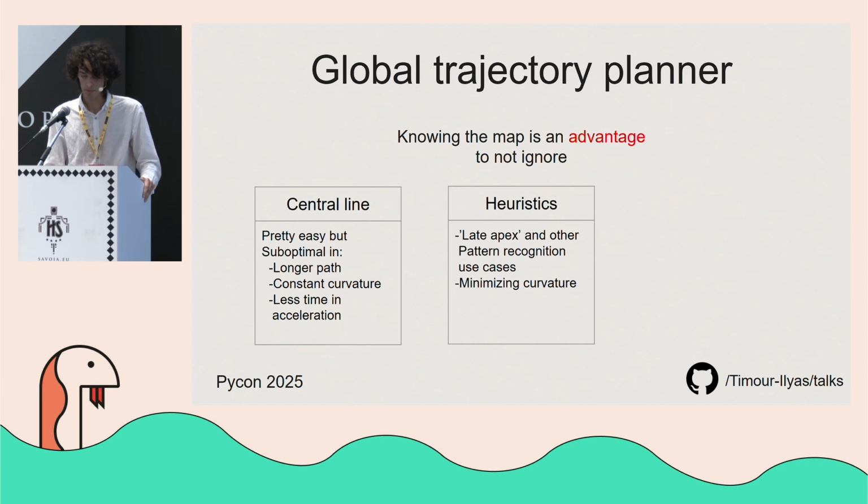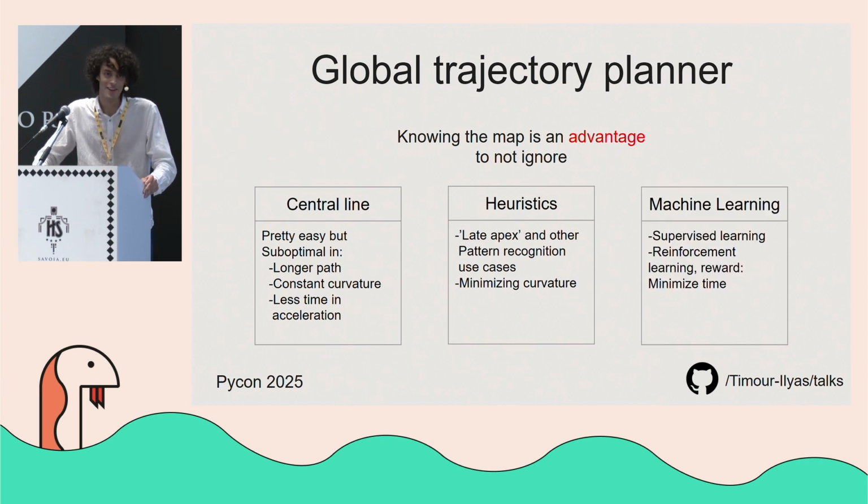But we are in 2025, and so machine learning is, even in this case, the best one in finding the best solution. And there are two approaches. The first one is supervised learning, training it with a data set of historical competitions of circuits in Formula 1, for example, or reinforcement learning in the case we don't have any data set.